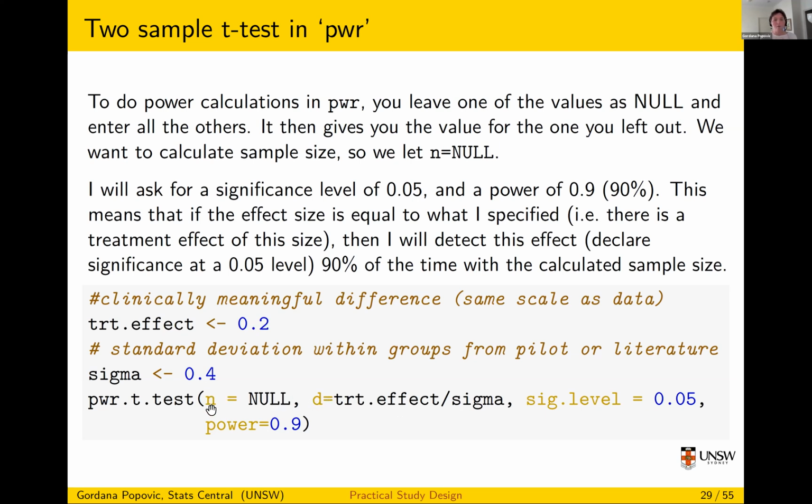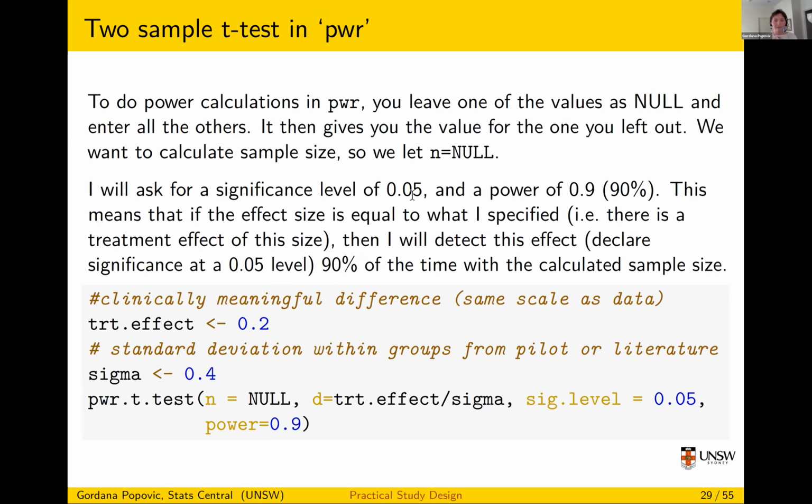Right now, I would like to know a sample size. I want to know what sample size will give me a power of 90%. That means I'm going to need an effect size, and if the true effect size in the population is equal to what I specify, then power means I will detect this effect 90% of the time with a 5% significance level.